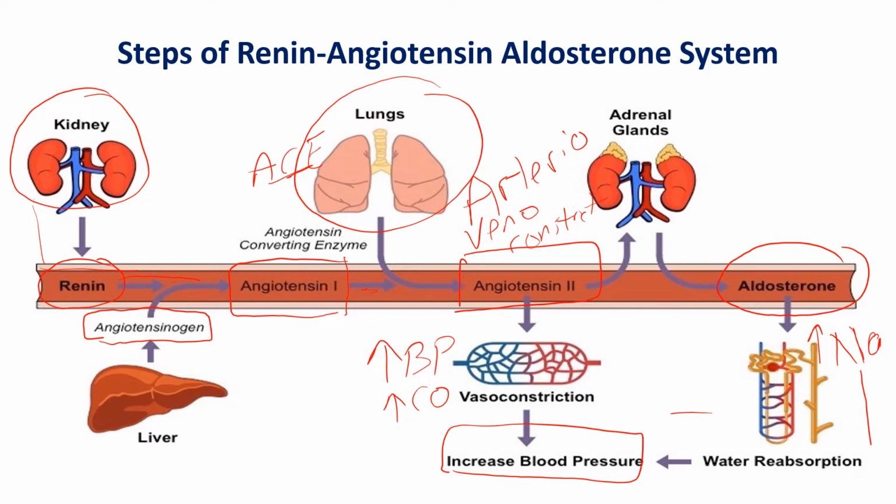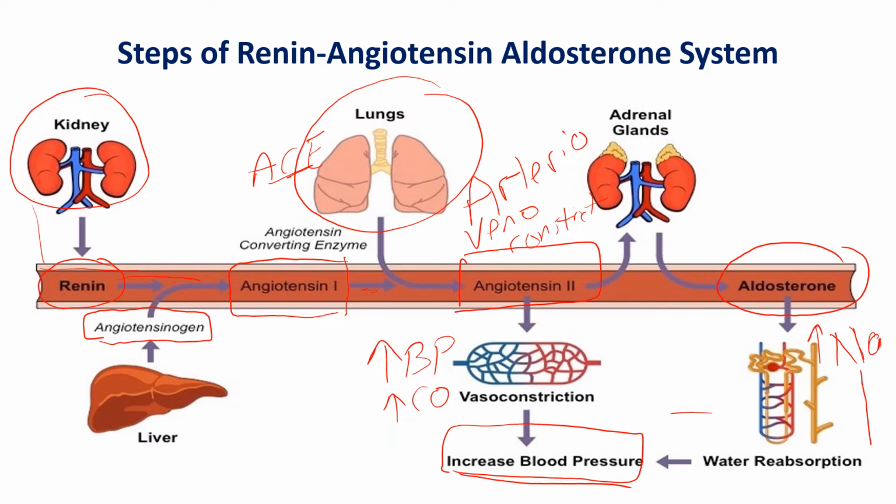So what happened here is somehow the goal is to increase blood pressure. So what you're trying to do is you're trying to increase blood pressure by either converting angiotensin 1 into angiotensin 2, or over here the angiotensin 2 is releasing aldosterone that will further increase blood pressure.